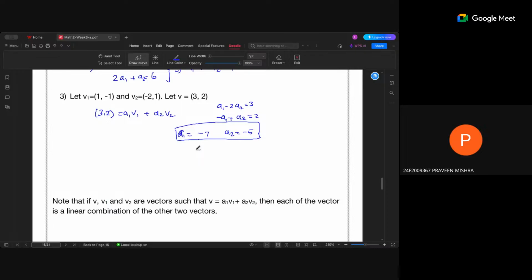So you can write v1 by dividing everything by a1: 1 by a1 times v minus a2 by a1 times v2. Or you can write v2 as 1 by a2 times v minus a1 by a2 times v1. So you can write each of the vectors as a linear combination of the other two vectors.